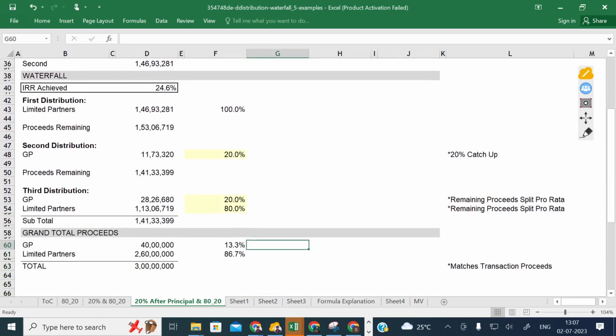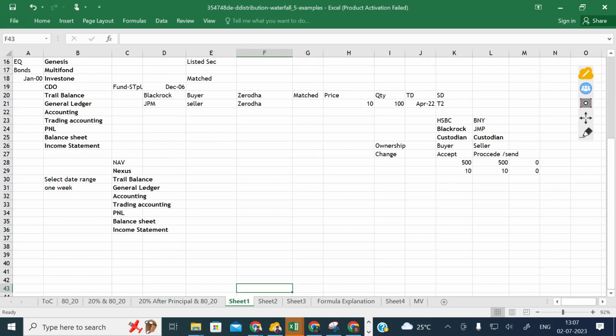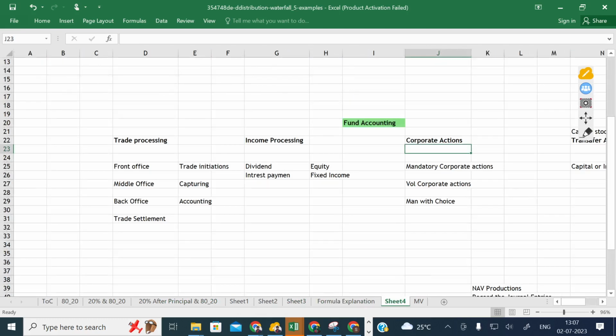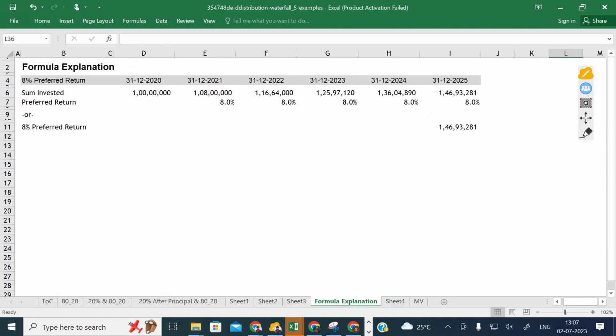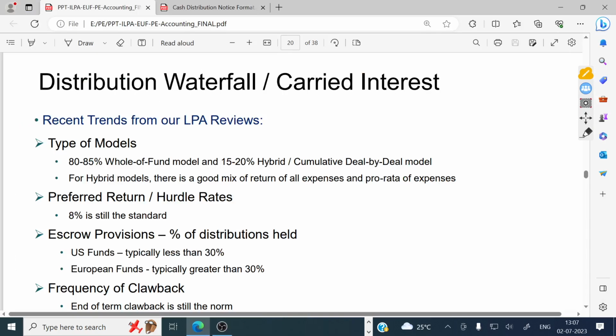And calculations as well: catch-up, carried interest, how the deal-by-deal model works and all. We can see that. And I'll even explain how compounding works, preferred return, IRR. So don't miss the next session, I would say. Be there and try to understand the complex terms.